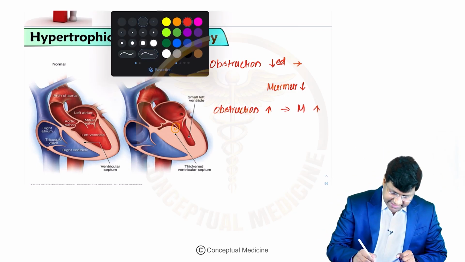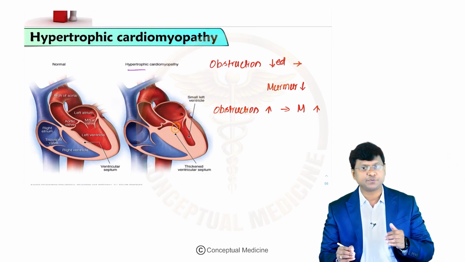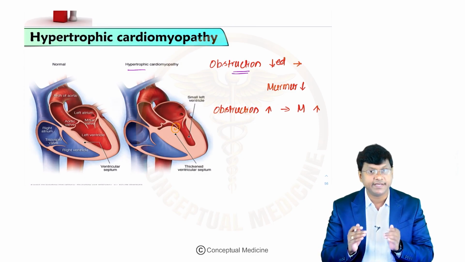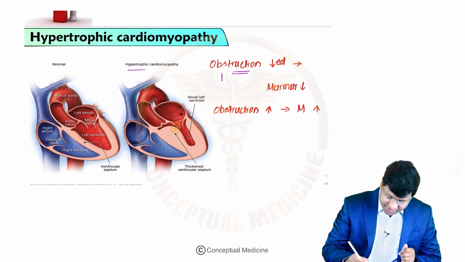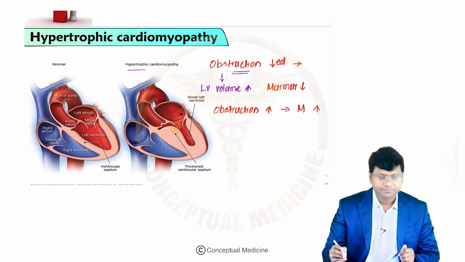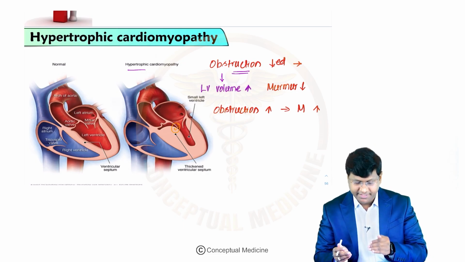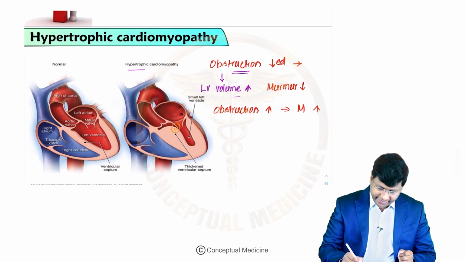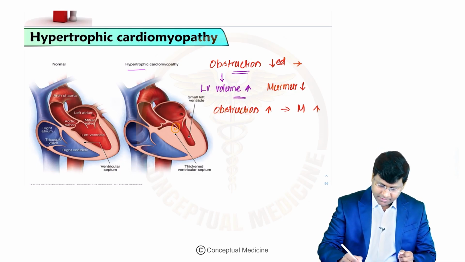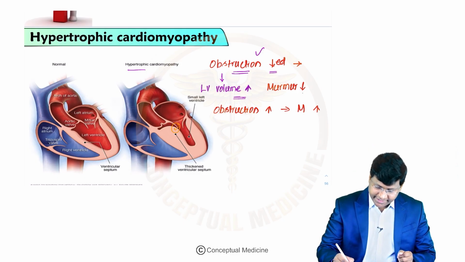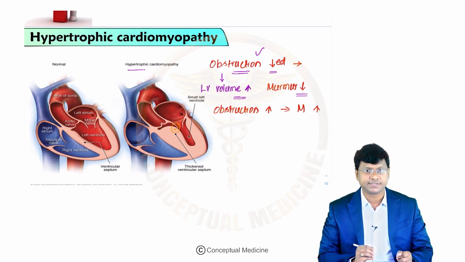And what is the next point you need to know? When will the obstruction be decreased? Obstruction decreased means LV volume is increased. What do you mean by the obstruction being decreased? That means the LV volume is increased. So when LV volume is increased, the obstruction will be decreased. And when obstruction is decreased, the intensity of the murmur will be decreased.